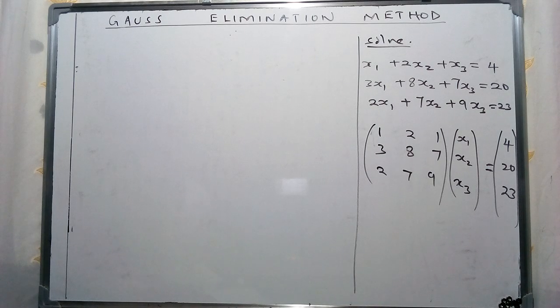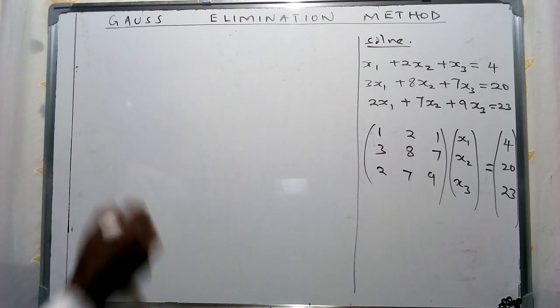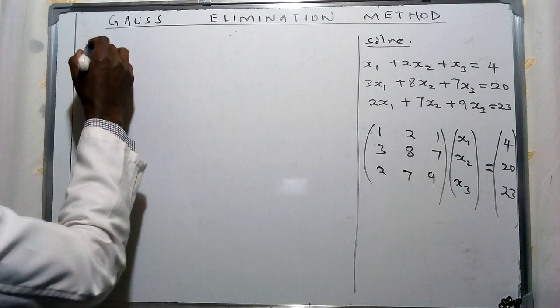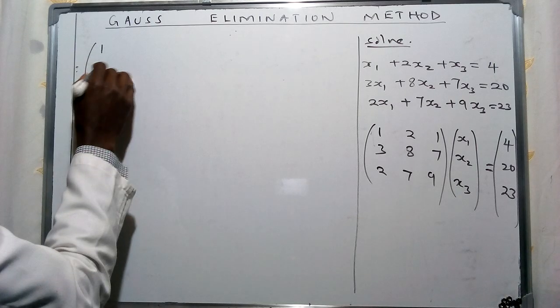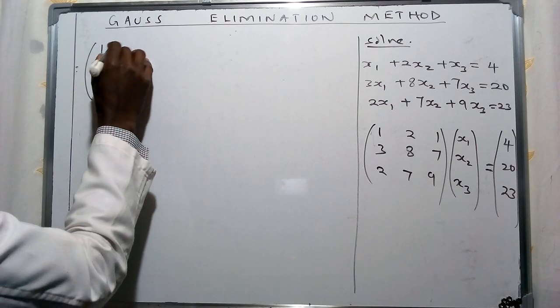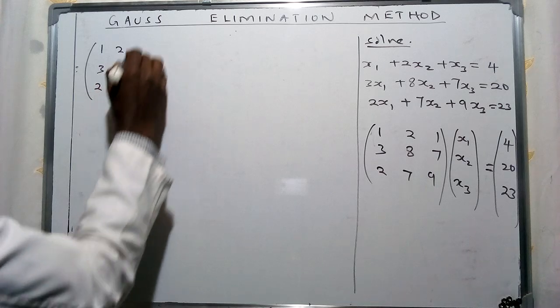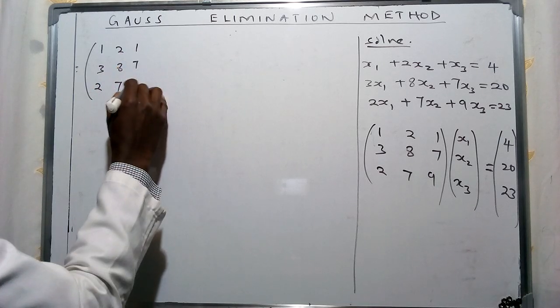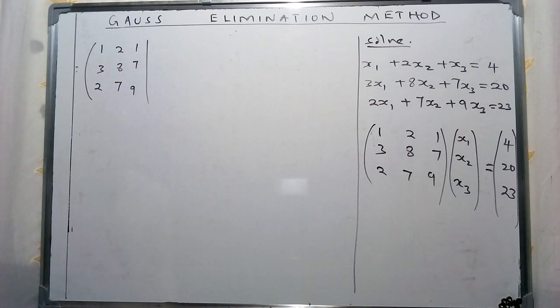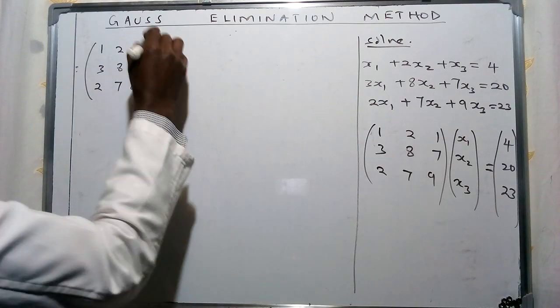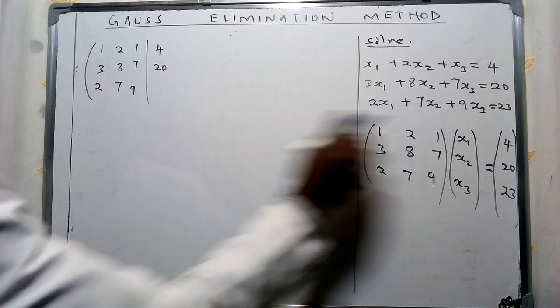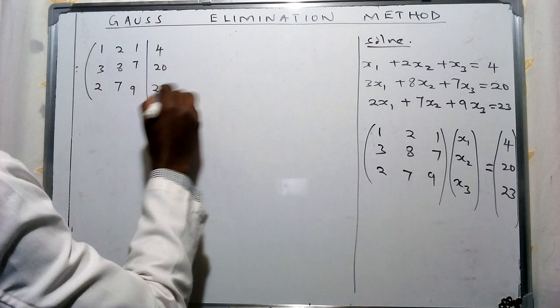So this is going to be forming that specific matrix which we have said. And this can be given in augmented form, given in terms of this specific representation. So we're going to have this one given as 1, 3, 2, 2, 8, 7, 1, 7, 9. And we can give this one in augmented form with the values for b, 4, 20, and 23, given as such.